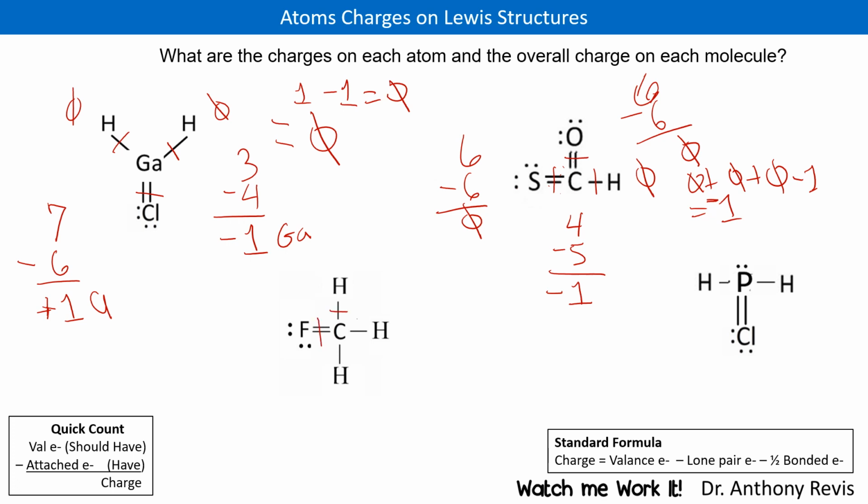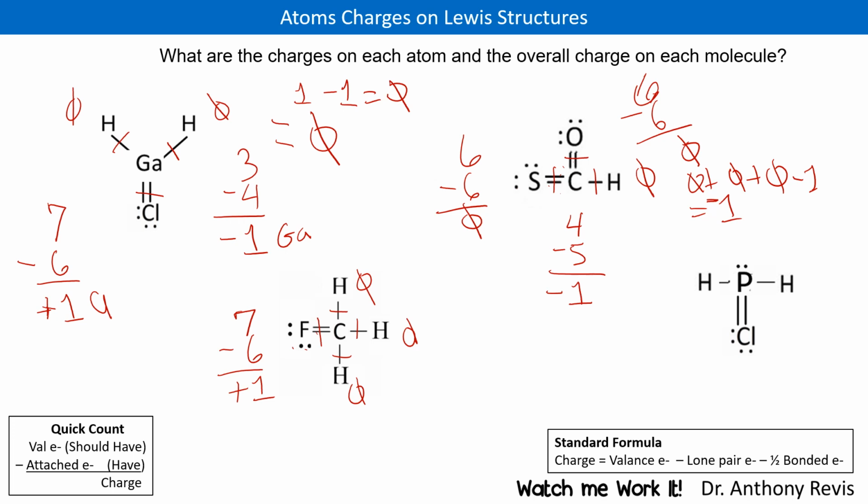Other compound, you've seen these hydrogens before, so we're just going to forego them. We've done it already. Fluorine here, 1, 2, 3, 4, 5, 6. It should be 7 minus, and it's -6 because it has 6 associated with it. So here, 7 minus 6 gives me a +1.